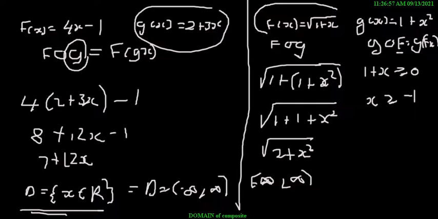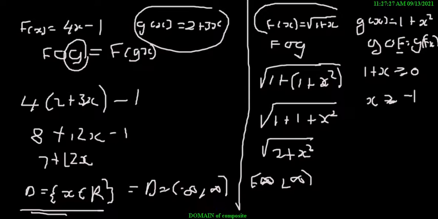You can see that if we put -1 here, it's going to be 0. If we put 0 here, it's going to be 1. What we shouldn't have is numbers like -2, which will make it undefined and take us back to complex numbers. We want only real numbers. So we've got this condition, x is greater than or equal to -1.